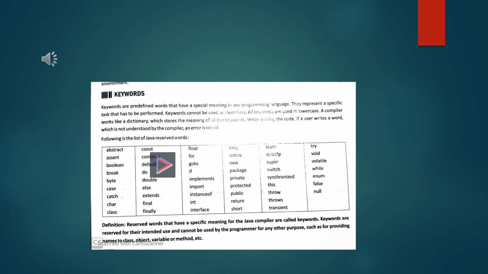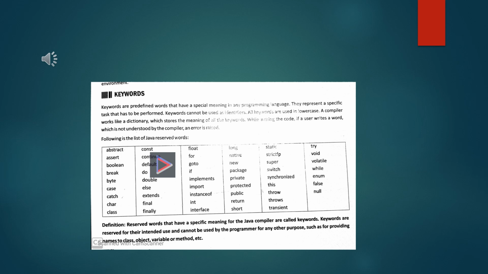Suppose I write the keyword double, which you can find in the list. If I make a spelling mistake and miss the u, the compiler will not understand it and will give me an error message.